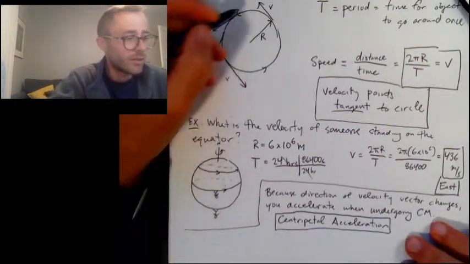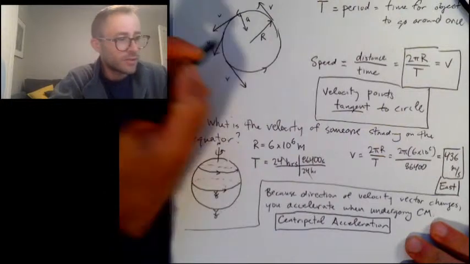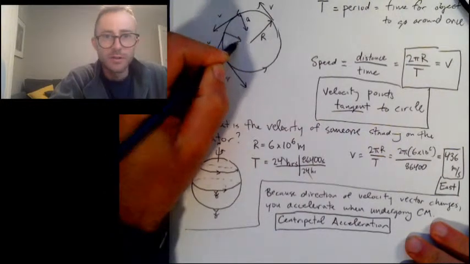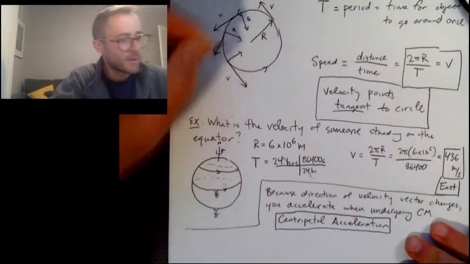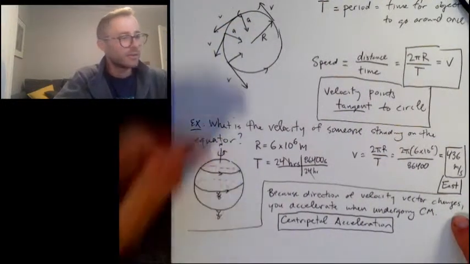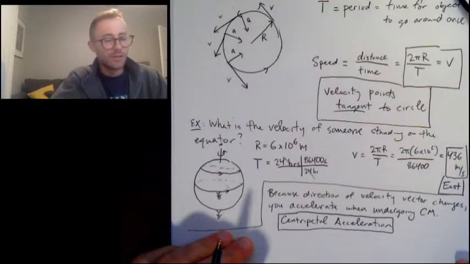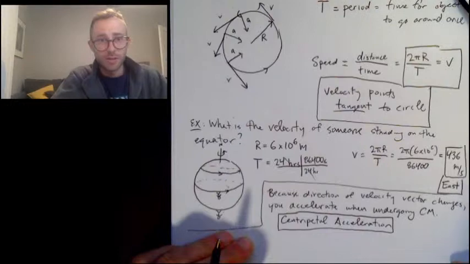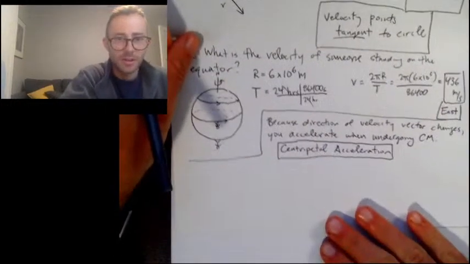It turns out that wherever you are in the circle, the acceleration vector always points to the center of the circle. Okay? So you need to know that fact, that wherever you are, if you're going in a circle, the acceleration is going to point to the middle of that circle. Okay? So I'm going to write that down.